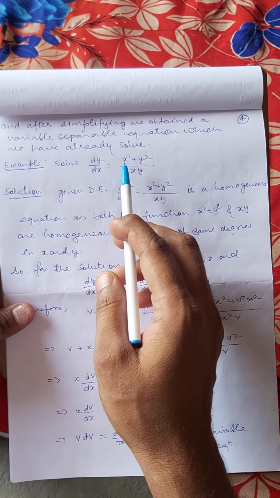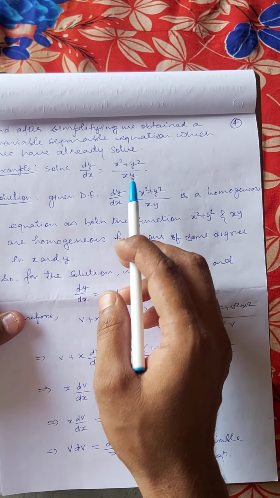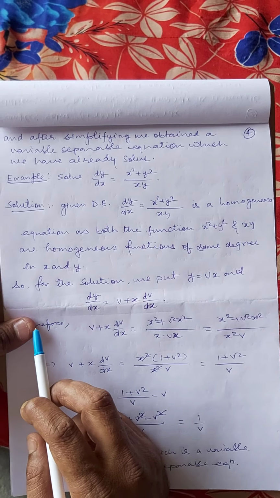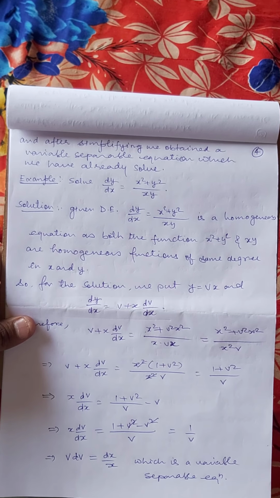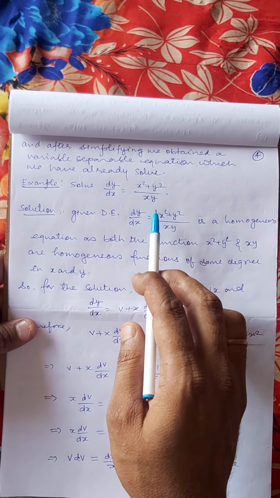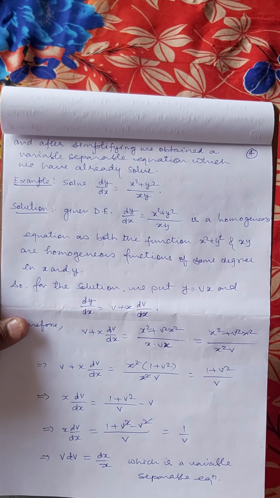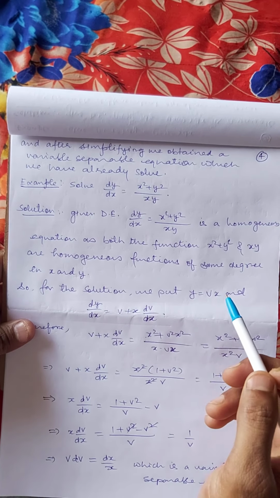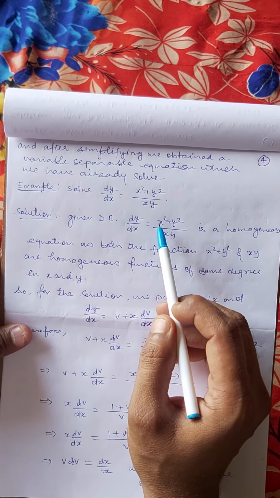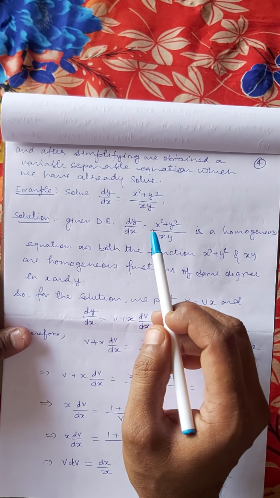Solve dy over dx is equal to x square plus y square over xy. Solution: this given differential equation is a homogeneous equation, because both the functions x square plus y square and xy are homogeneous functions of the same degree in x and y. Homogeneous function means each term has the same degree, the same power.